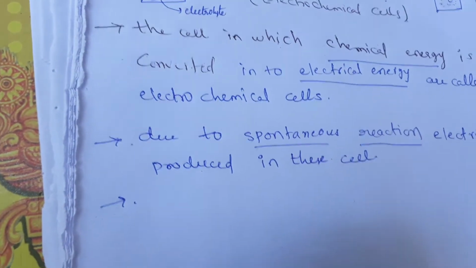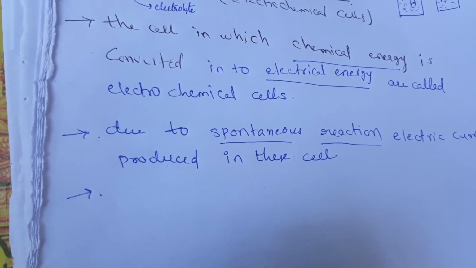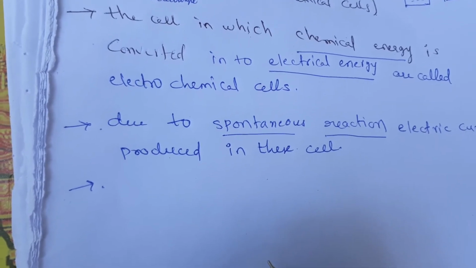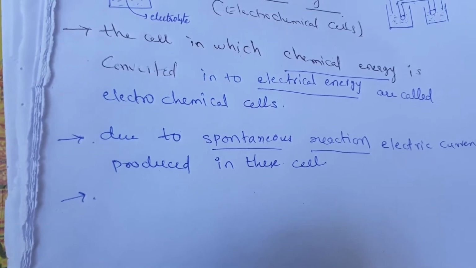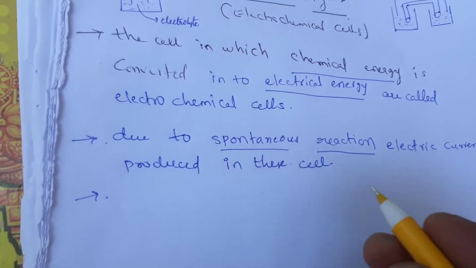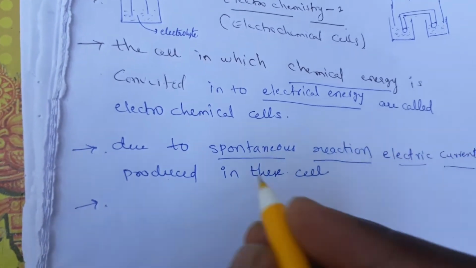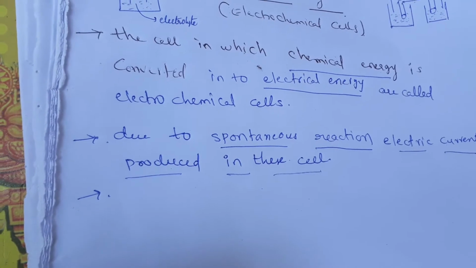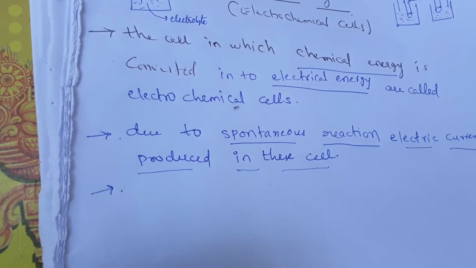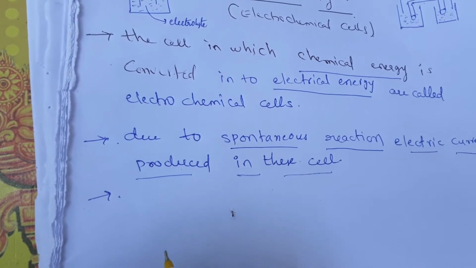Spontaneous reactions mean we do not apply any external pressure, volume or temperature. We do not apply anything beyond standard temperature and pressure. At STP conditions, the reactions occur spontaneously and produce electric current. Here electric current is generated from the cell. So we call this the conversion of chemical energy into electrical energy.